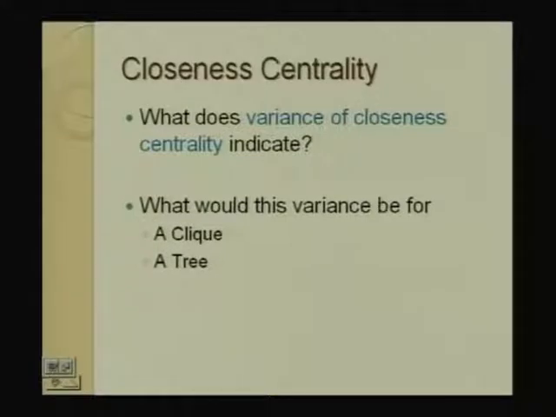So the variance will be high in this case, because a tree, as you can see, is a centralized network, unlike a clique, which is a very decentralized network. And what about a ring? Variance is 0, but what about the value?